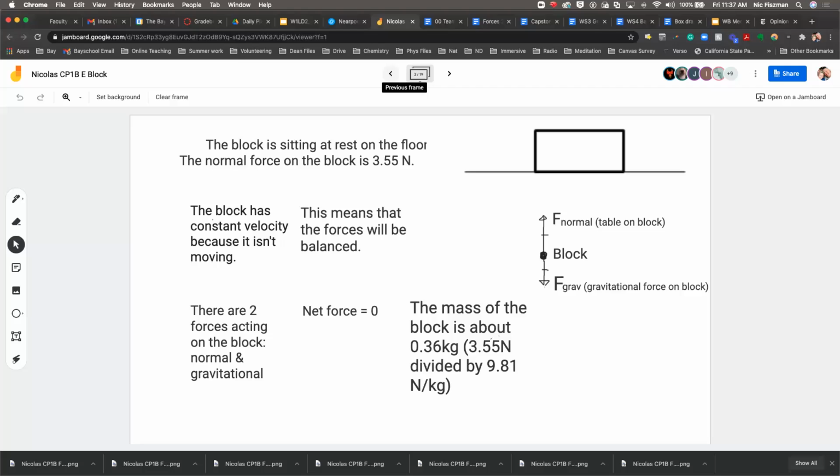There are two forces acting on the block, normal and gravitational force. Normal, meaning the table on the block, and then gravity, the gravitational force on the block. For mass, we decided to go with the equation of 3.55 divided by 9.81 to get mass instead of newtons, of course. And so we got 0.36 kilograms. That's pretty much it.